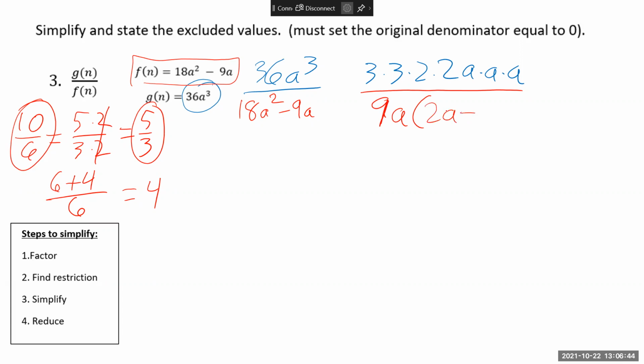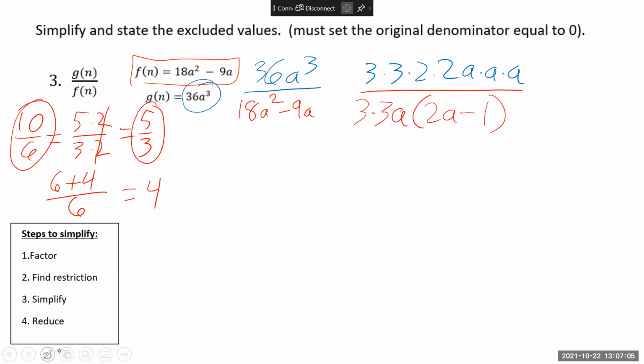And I took out the entire 9a right there, so I'm going to leave a 1 in its place. There's nothing left. And let's go one step farther. This 9, I'm going to write as a 3 times 3. This is completely factored now.